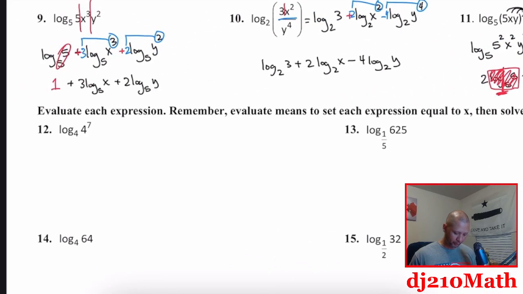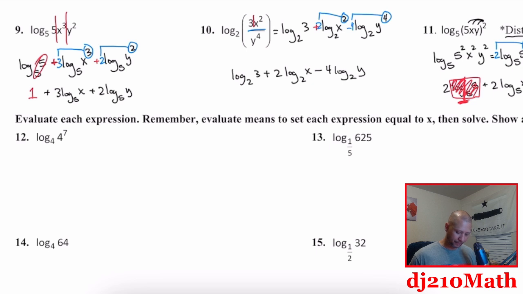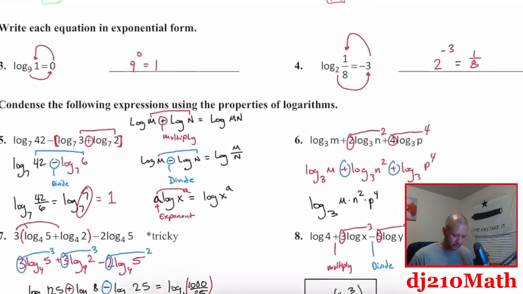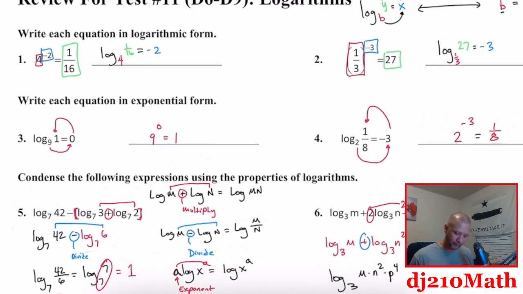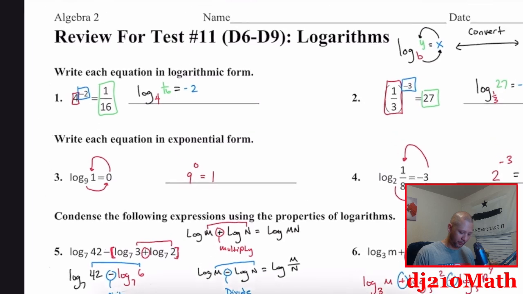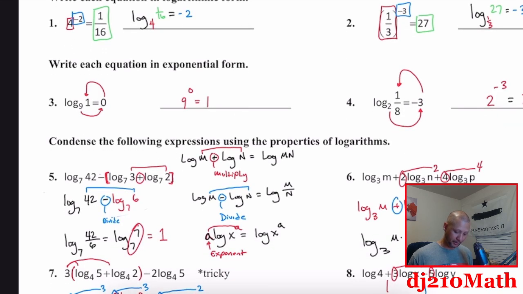All right. For 12 through 15, what we want to do here is what we did for numbers 3 and 4. But notice in 3 and 4, they told us it was equal to something. When it's equal, we rearranged it and we were done.